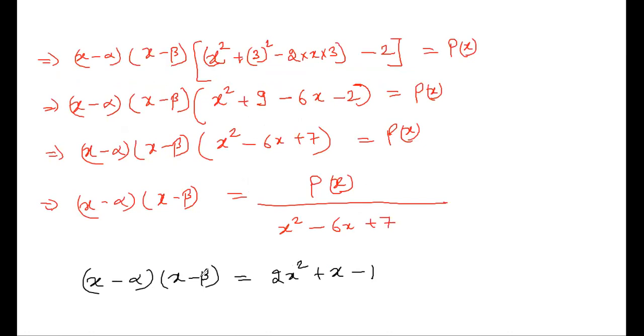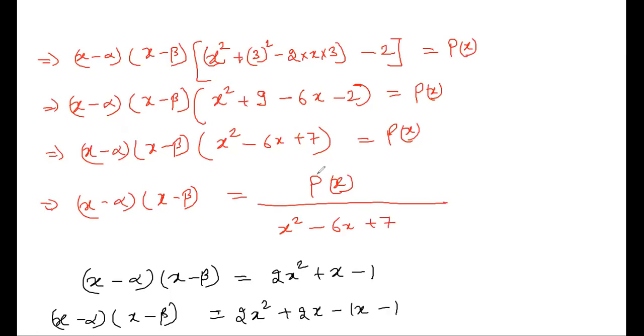So further what we can do, we can write it down here, (x - alpha)(x - beta) is equal to, what shall I write? It's 2, so 2x square plus 2x minus 1x minus 1. I can write like this.